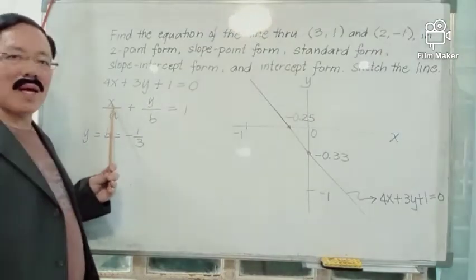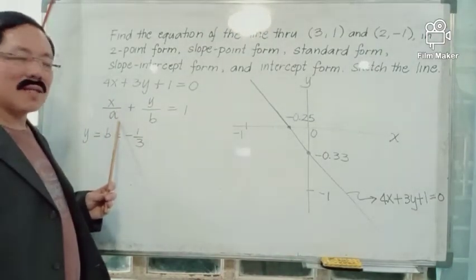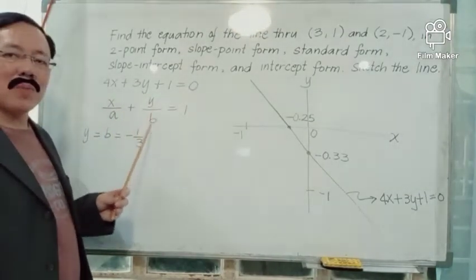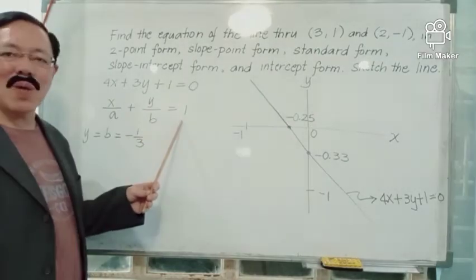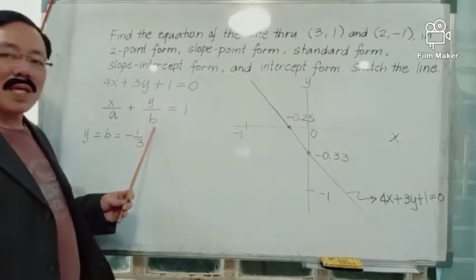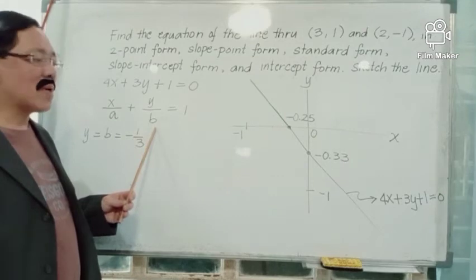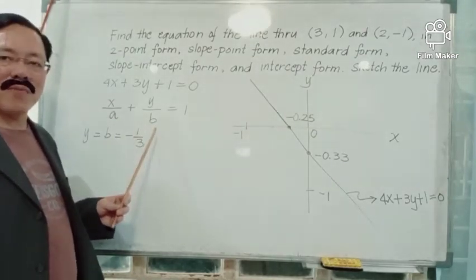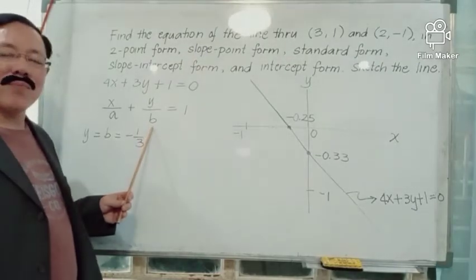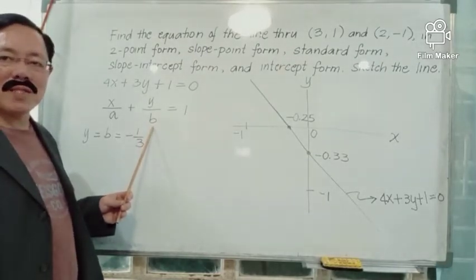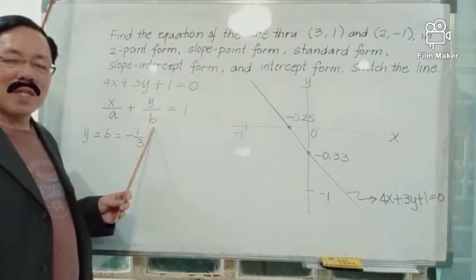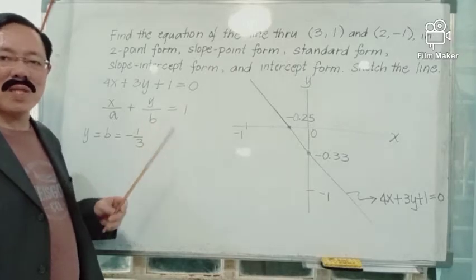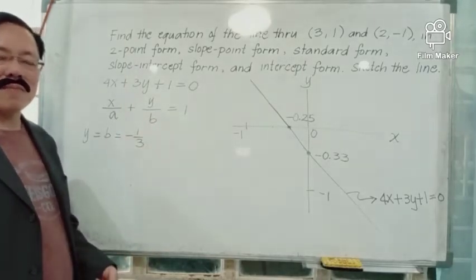We have x over a plus y over b equals 1. We found b earlier when we wrote the equation of the line in slope-intercept form. And we said that b is the y-intercept of the line, or the point of intersection of the line with the vertical axis.